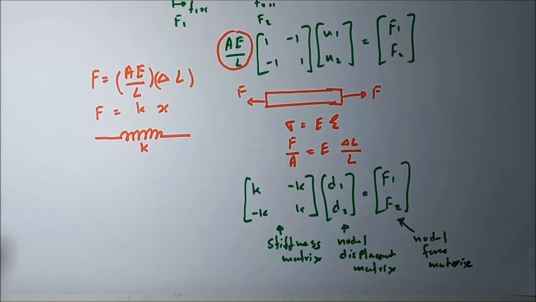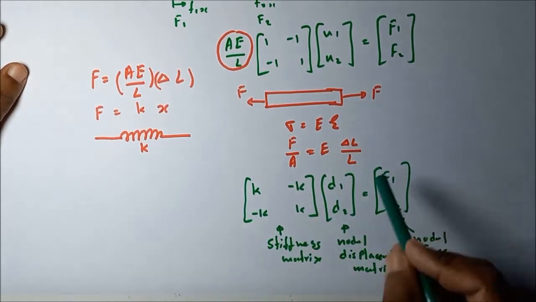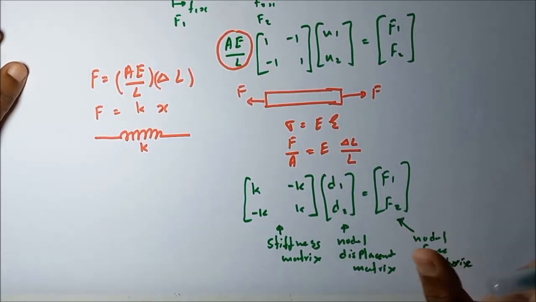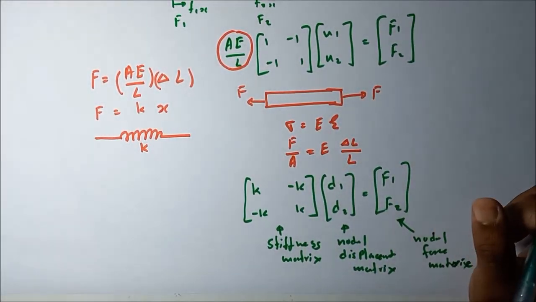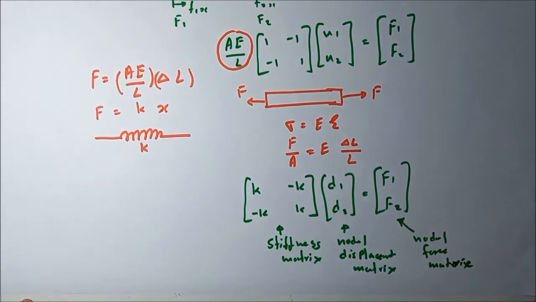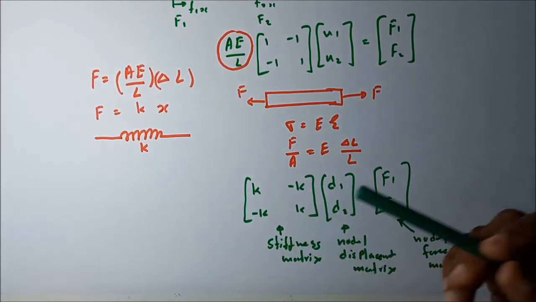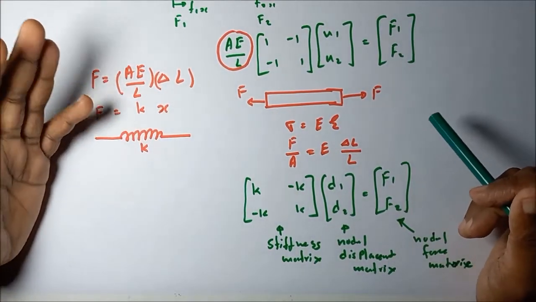This is the basic equation we obtain for the bar element, where K means the stiffness of the bar. Now we are going to discuss how this basic equation is used to model complex bar assemblies.